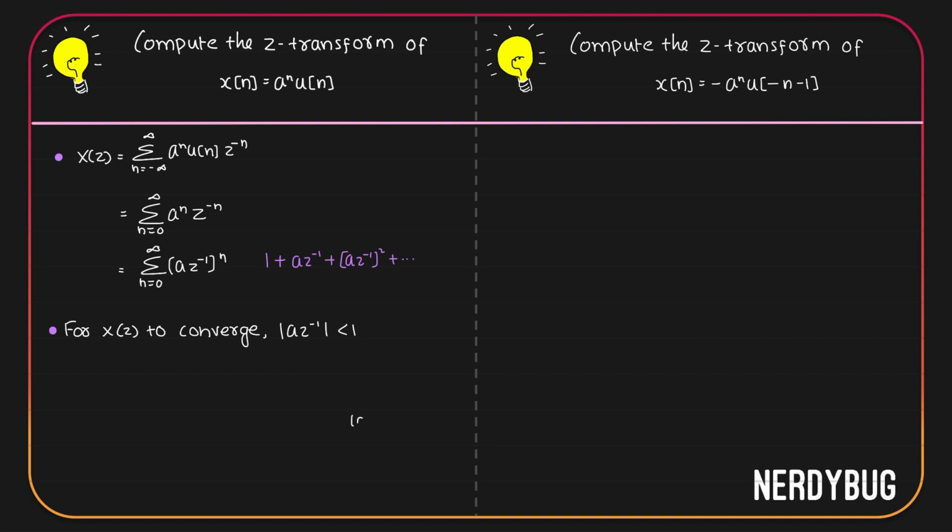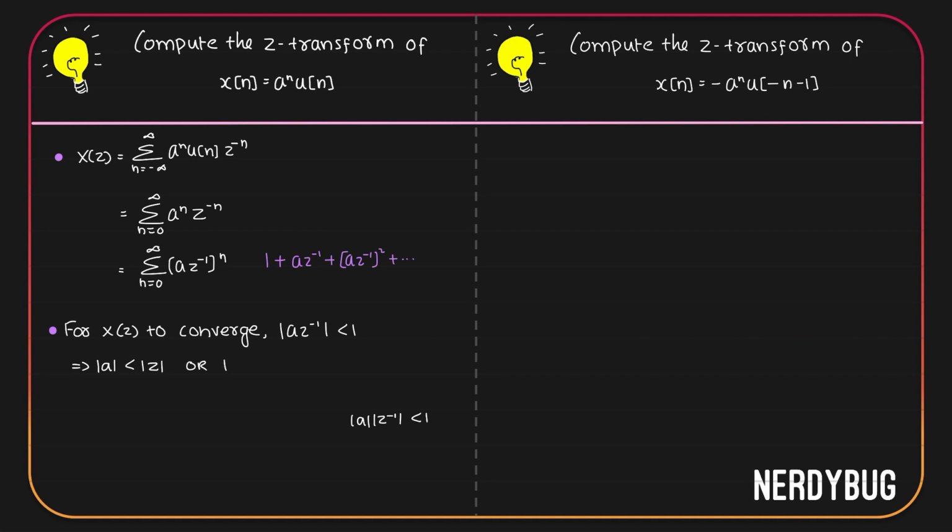Or we can write magnitude of a multiplied by magnitude of z inverse is less than 1. Let us take magnitude of z inverse to the other side of the inequality. Then we can write magnitude of a should be less than magnitude of z.